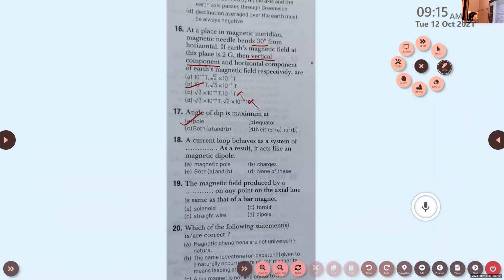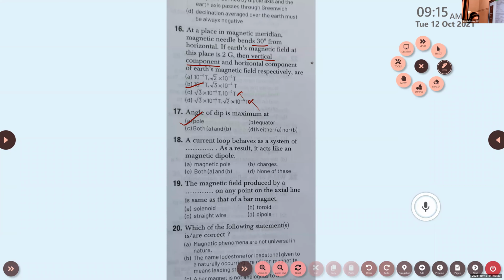A current loop behaves as a system of charges. Is there any other option? It just needs to act like a magnetic dipole.